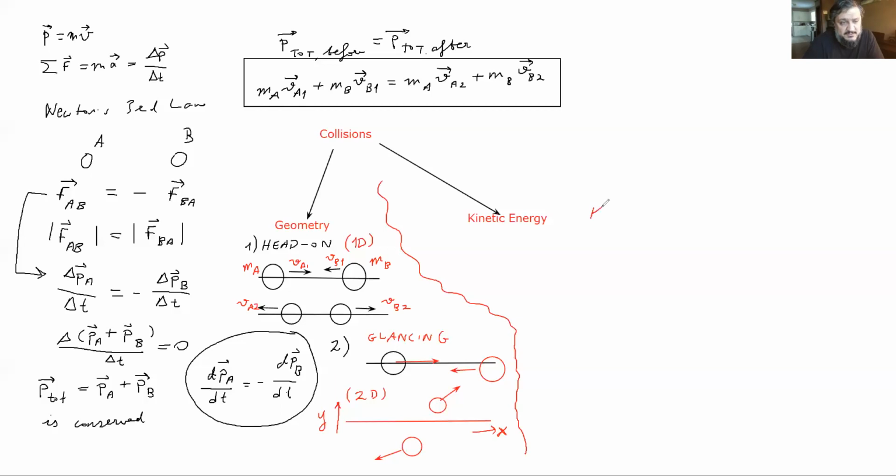So kinetic energy total, let's say before. For this case, for instance, that'll be 1/2 MA VA1 squared plus 1/2 MB VB1 squared.